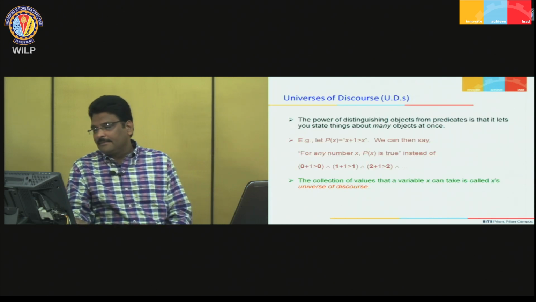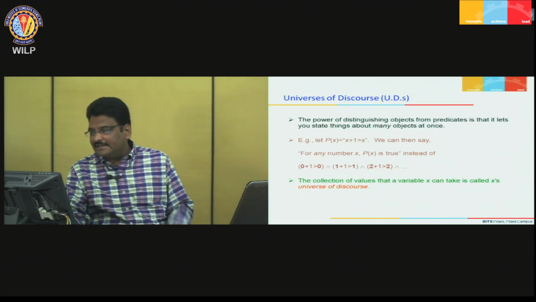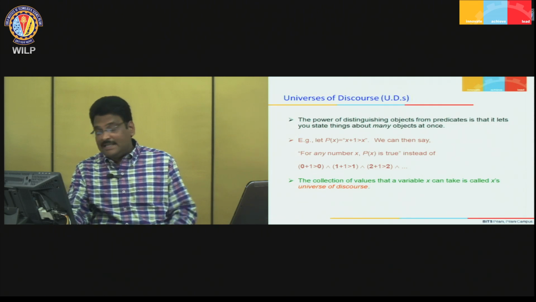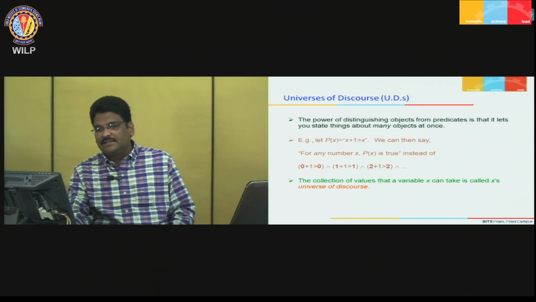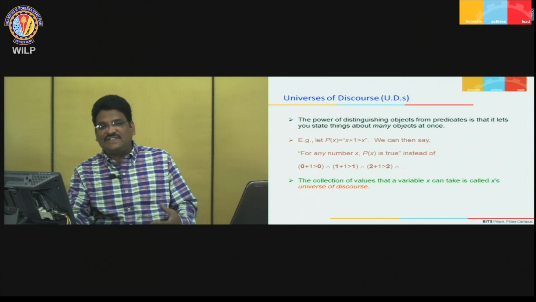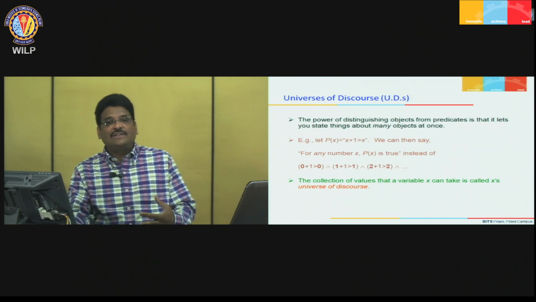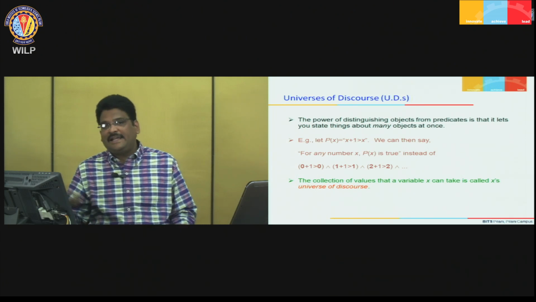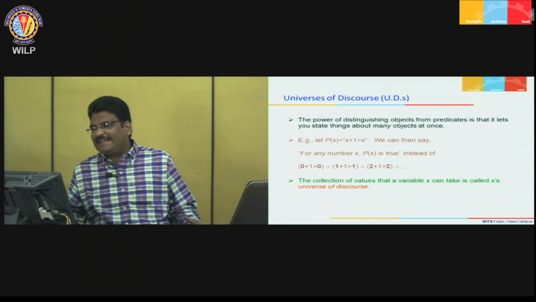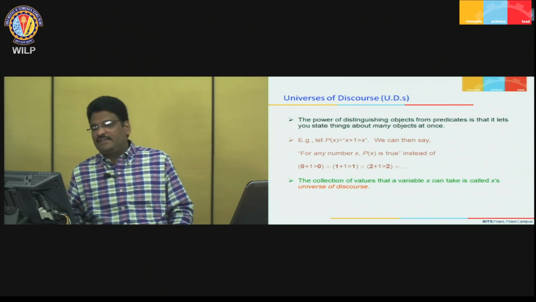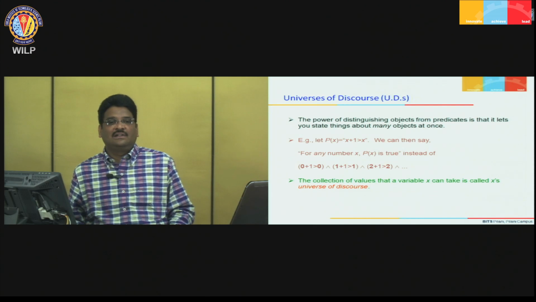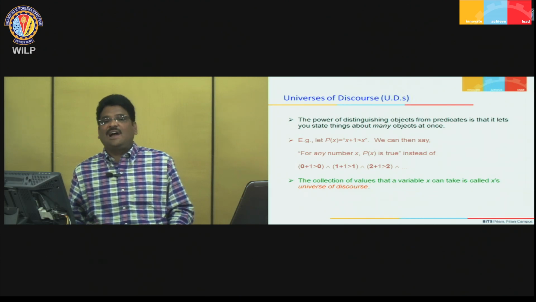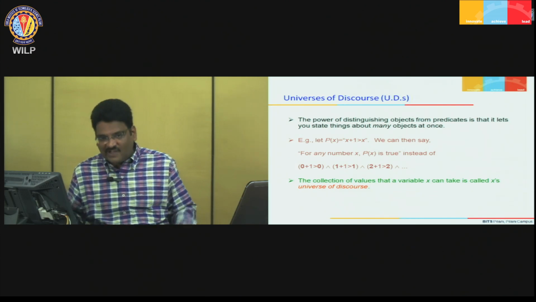Actually, to understand the power of predicate logic, when we distinguish the subject from the predicate, the main advantage we get is that we are able to state things about many objects at once, which we can't do so nicely in propositional logic.